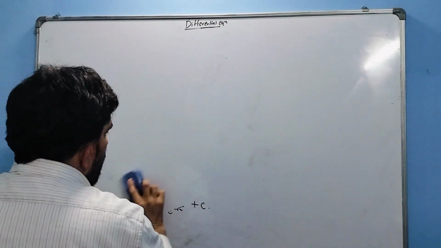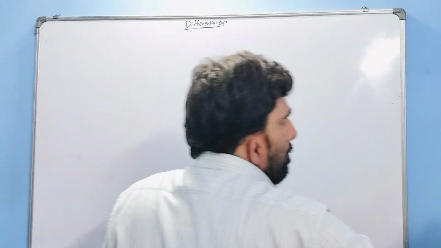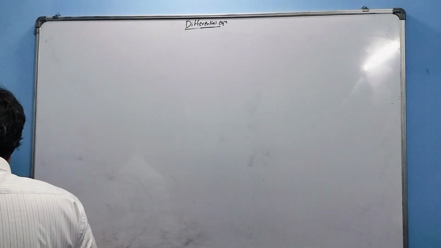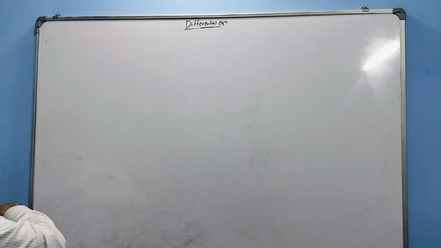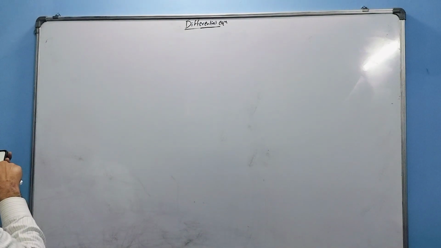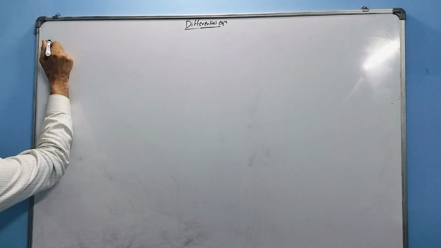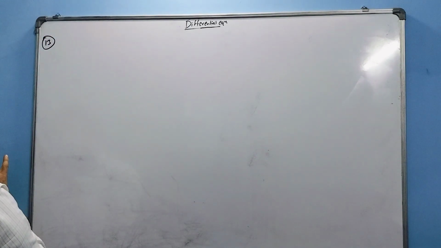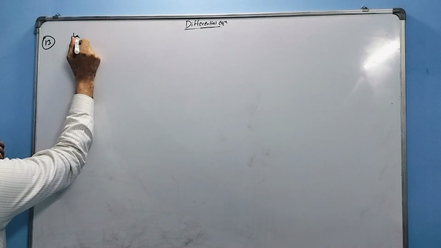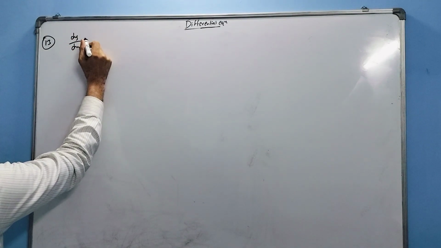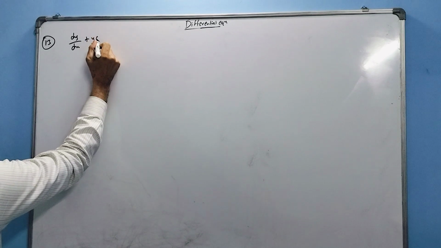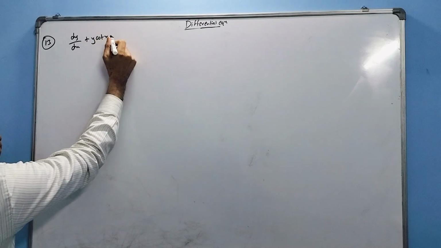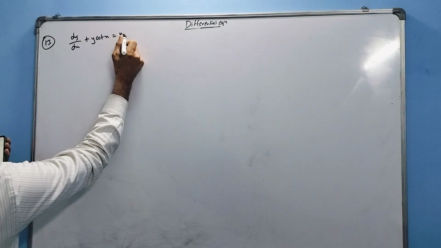Okay. So now they have given the question, that is, we need to find a particular solution of the differential equation, that is, they have given dy upon dx plus y cot x is equal to 4x cosec x.